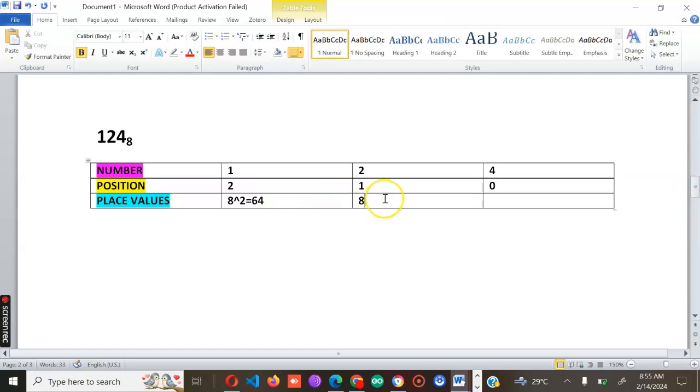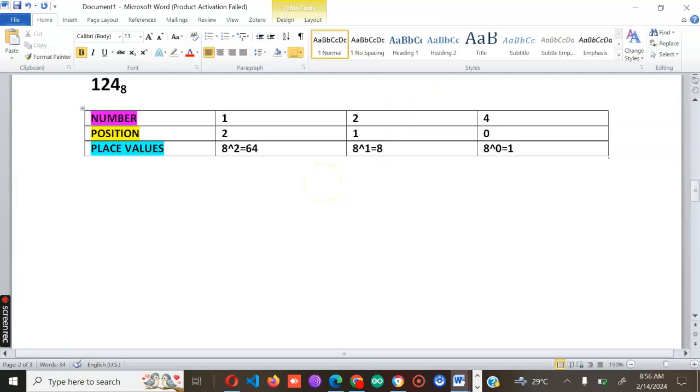Well, this is 8 raised to power 1, which is 8. And the last part, which is 8 raised to power 0, should be 1. Okay, having done that, the next step is to multiply the place value, the answer that you have gotten, multiplied by the number.